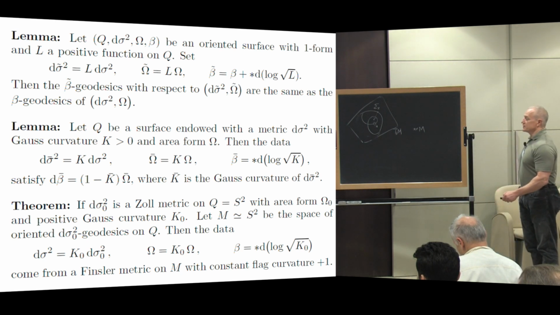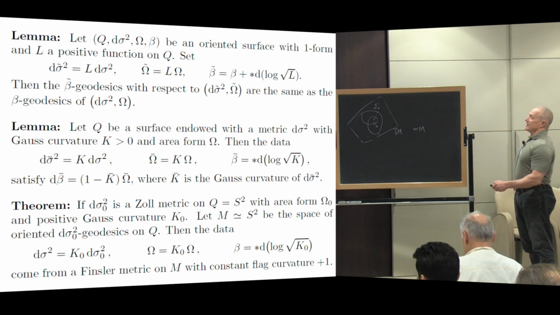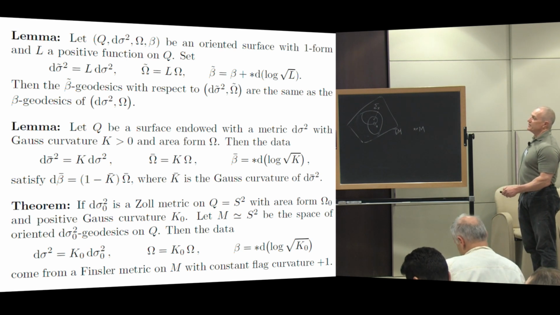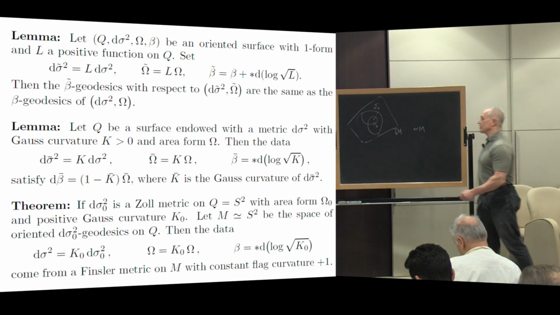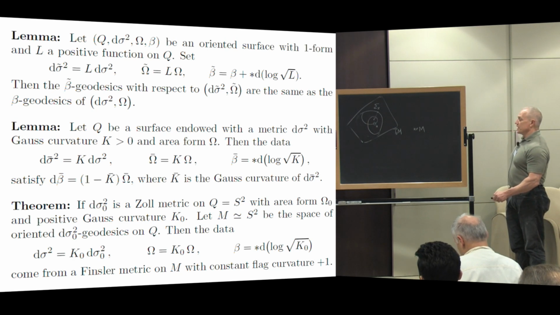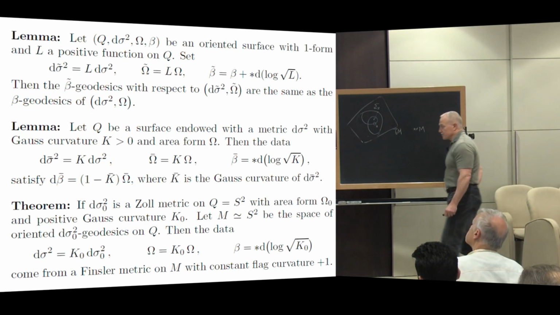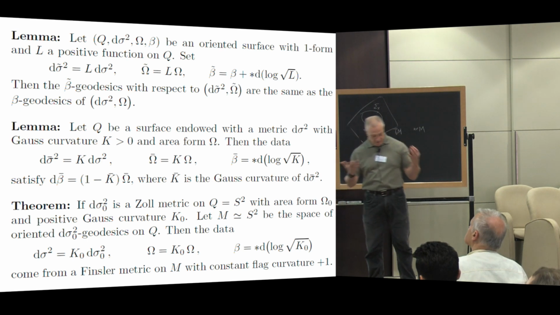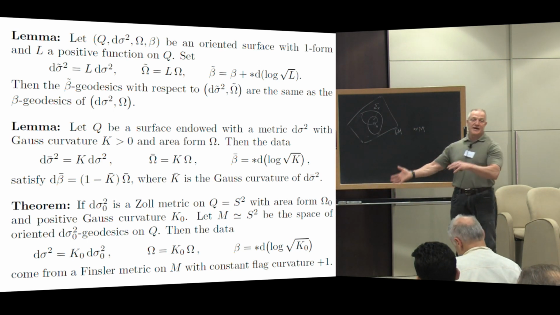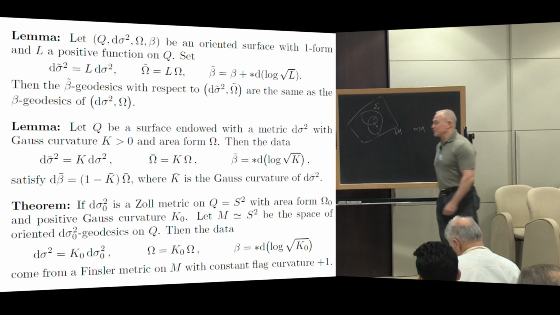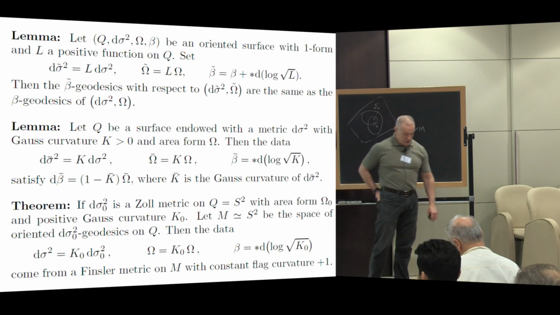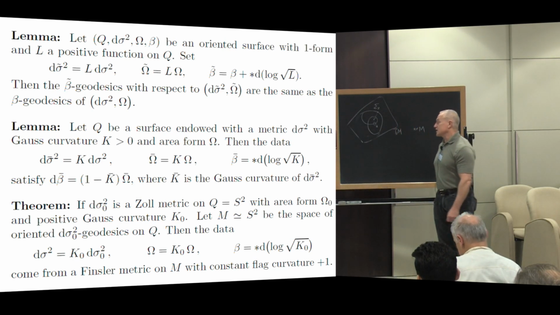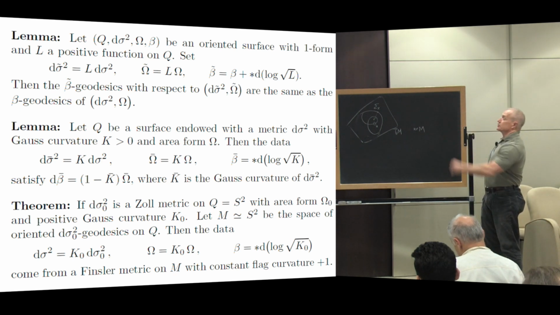So the end result is that essentially these S1 GL(n,R) structures that have the B tensor positive definite correspond exactly to the microlocal GL(n,R) Finsler structures of constant positive flag curvature +1. So that holonomy problem actually turns out to be the same as this problem.